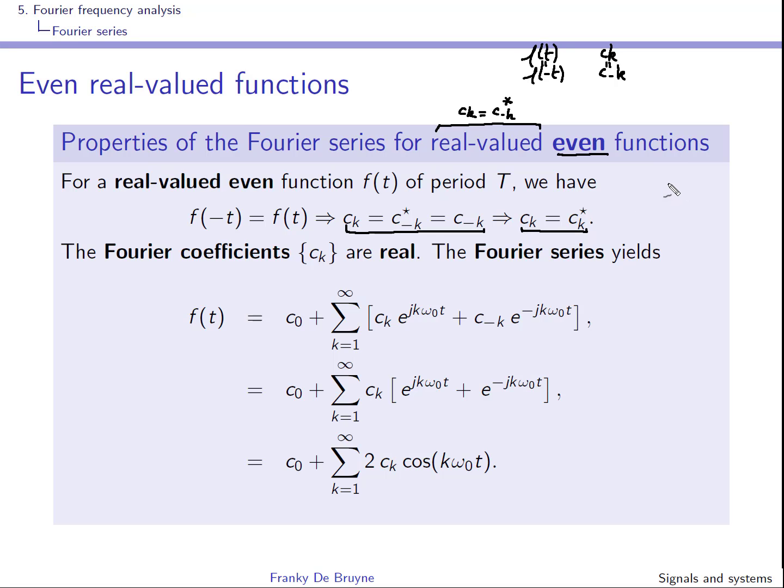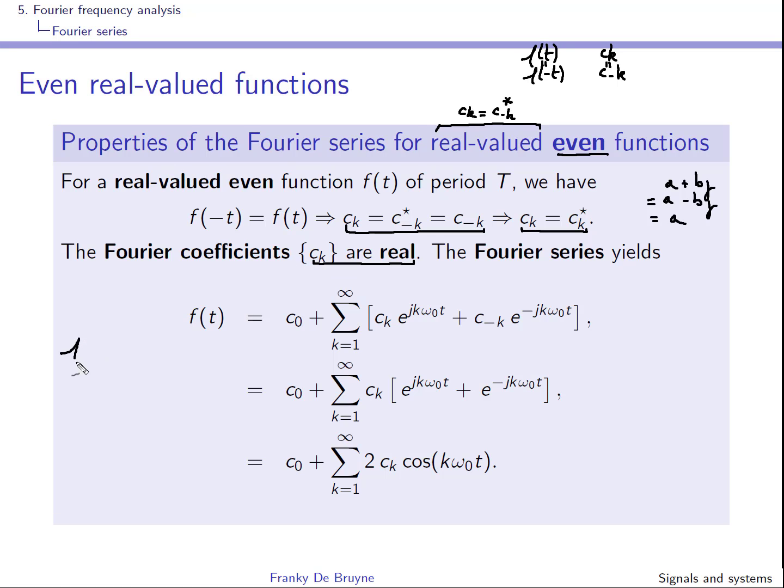So if you have a complex number a + bj, its complex conjugate is a - bj, and if these two are equal, this means that they are equal to a, right? That the imaginary part must be 0. So in the case of real valued even functions, the Fourier coefficients are real.